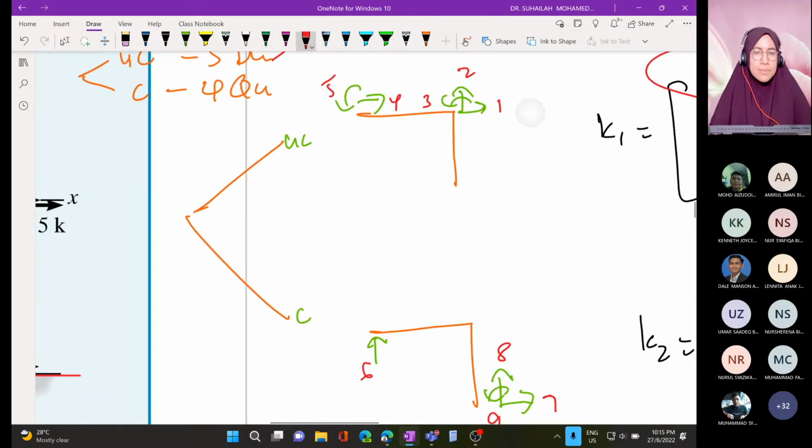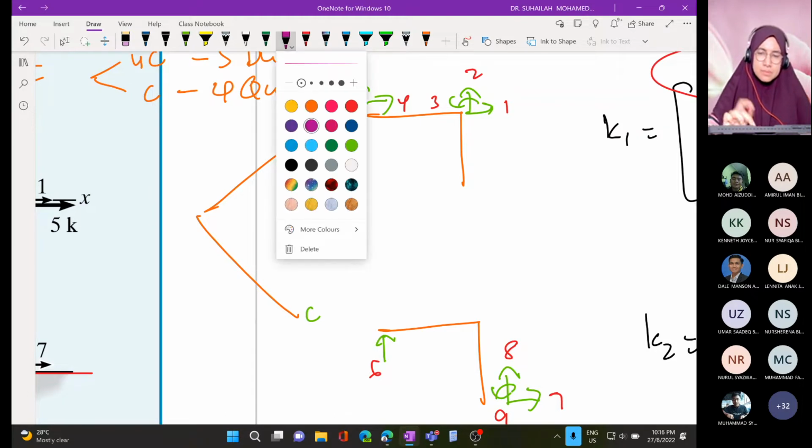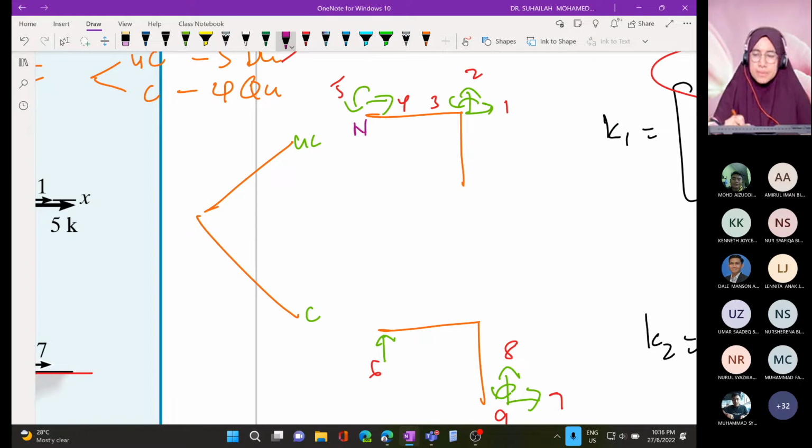From this, X, Y, Z. Near X, Y, Z. Far X, Y, Z. So macam mana kita sebut? Near X apa? Sini near. This is near. This is far. Arrow dia macam tu.